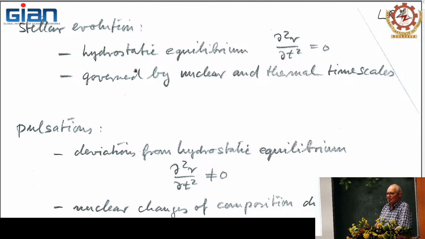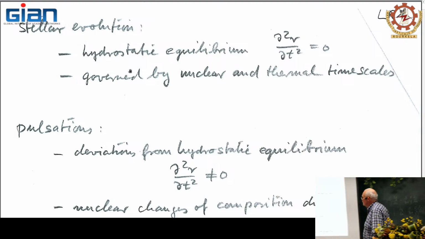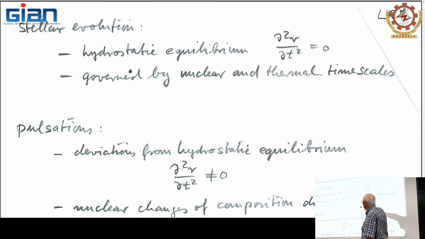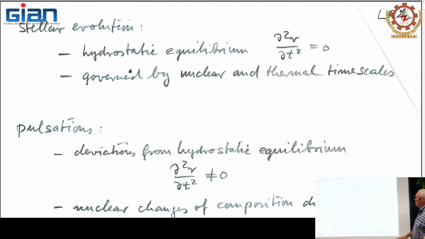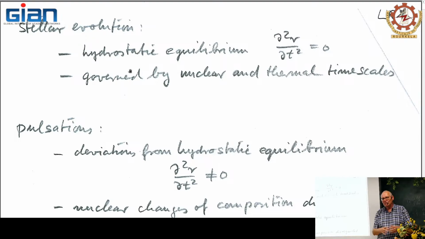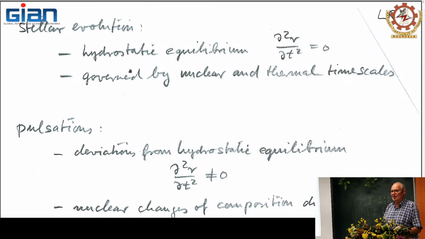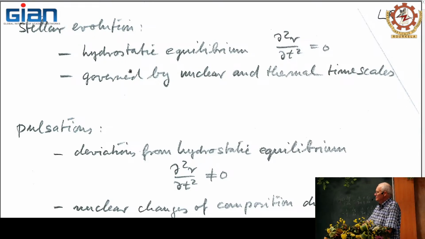Well, stellar evolution was characterized by hydrostatic equilibrium, by acceleration being equal to zero, and it is governed by the remaining two timescales, which are the thermal timescale and the nuclear timescale.